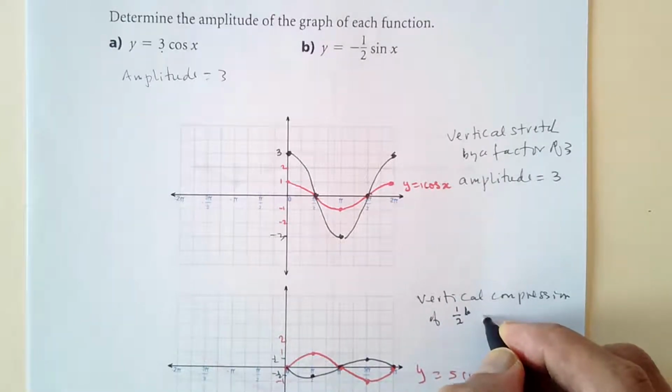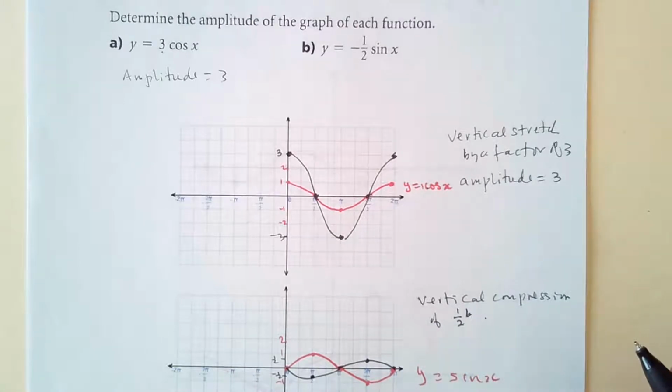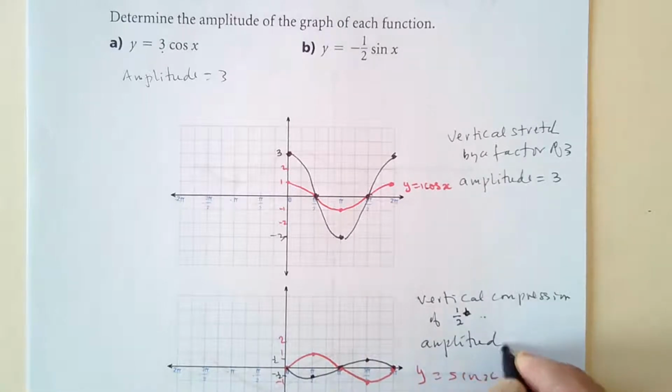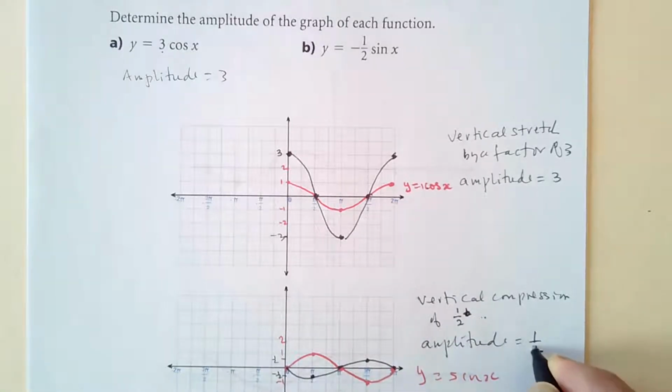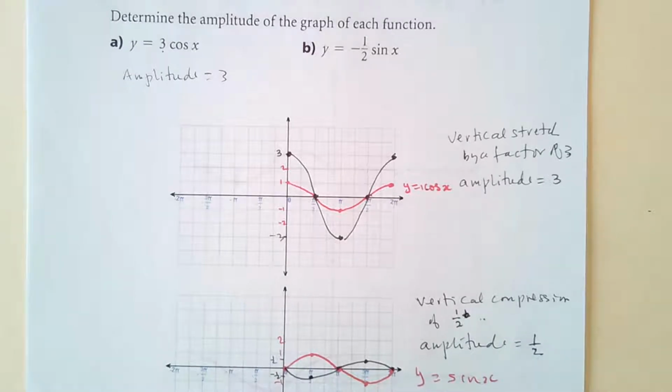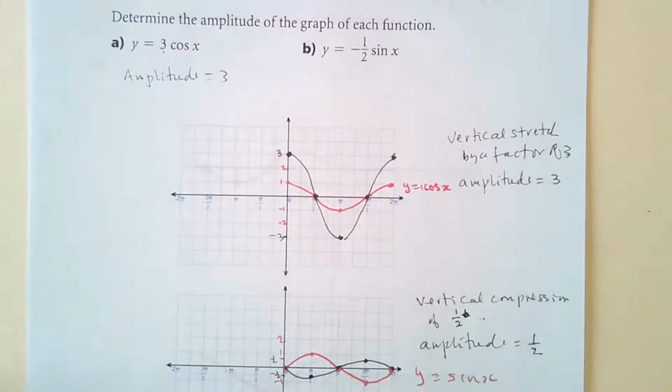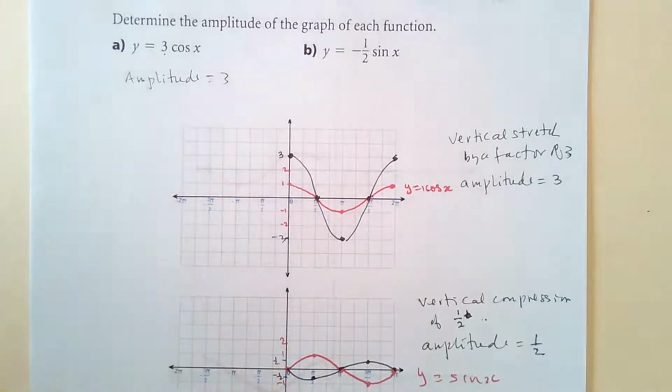And not only that, it's reflected. So we say the amplitude is equal to a half.